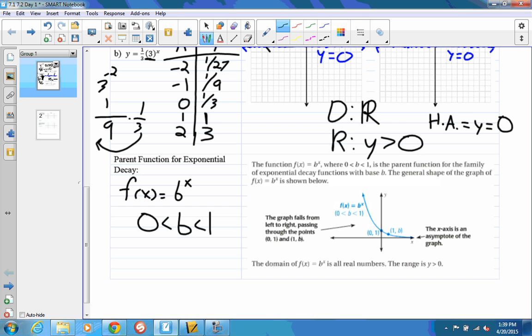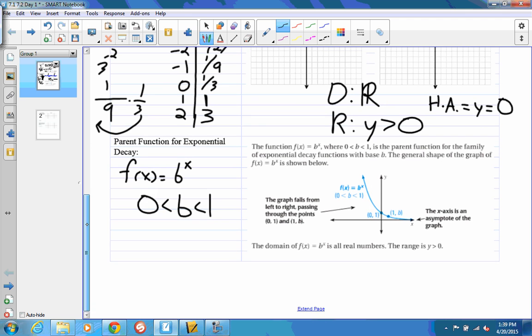I'm not saying that growth is greater than 1 and decay is less than 1. I'm saying growth is greater than 1, decay is between 0 and 1. That can come as a decimal or a fraction. We'll see both. So it could be 0.75 raised to the x power, 3/4 raised to the x power, or 1/9 raised to the x power, as long as it's between 0 and 1.